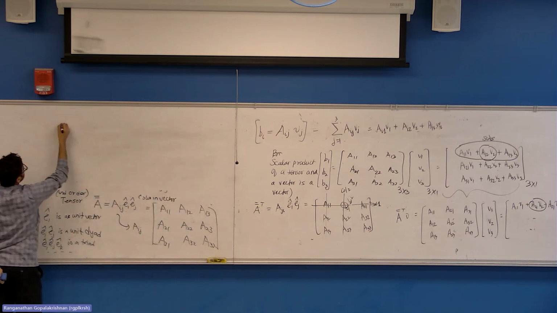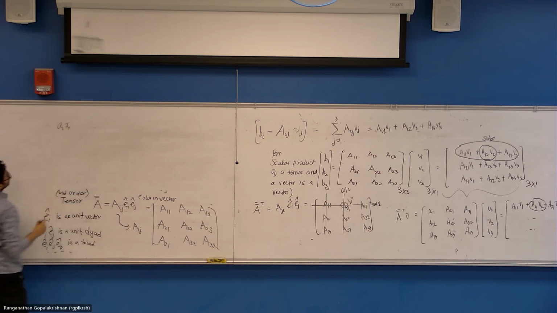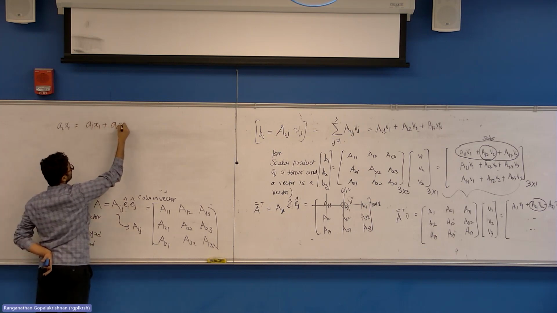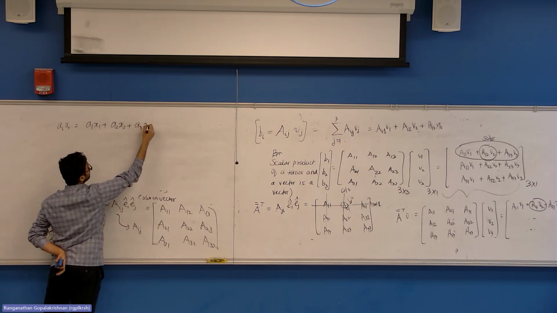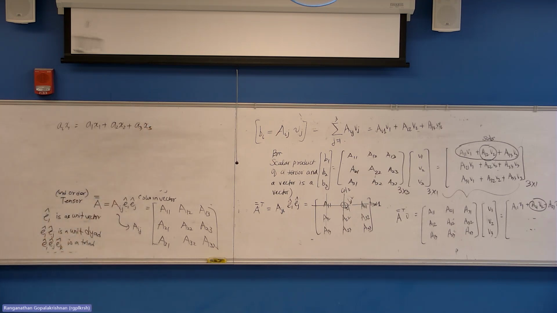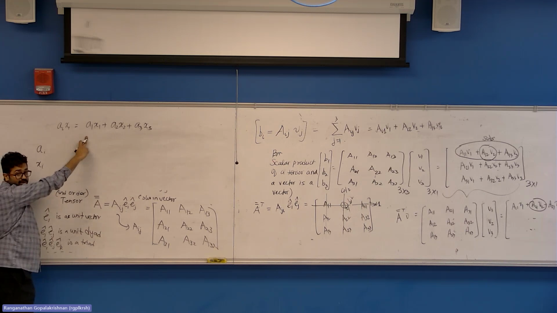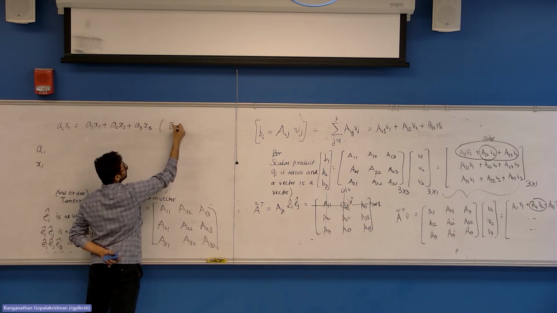So if I write Ai xi, this is the same as writing A1 x1 plus A2 x2 plus A3 x3. If you just look at Ai, since it has index i, you would say it's the component of a vector. Same if you look at xi separately. This you can recognize as what? This is the scalar product between two vectors, basically A dot x.